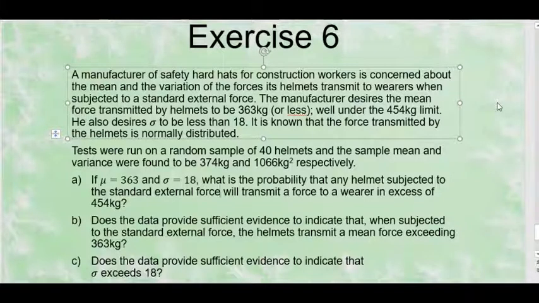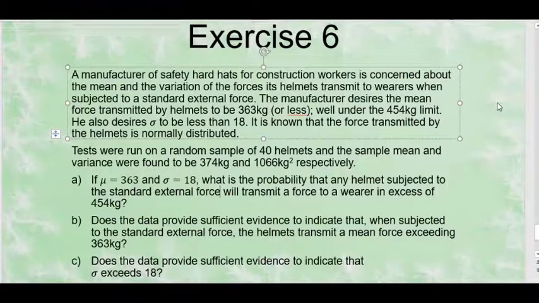A manufacturer of safety hard hats for construction workers is concerned about the mean and the variation of the forces its helmets transmit to wearers when subjected to a standard external force. The manufacturer desired the mean force transmitted by helmets to be 363 kg or less, well under the 454 kg limit.